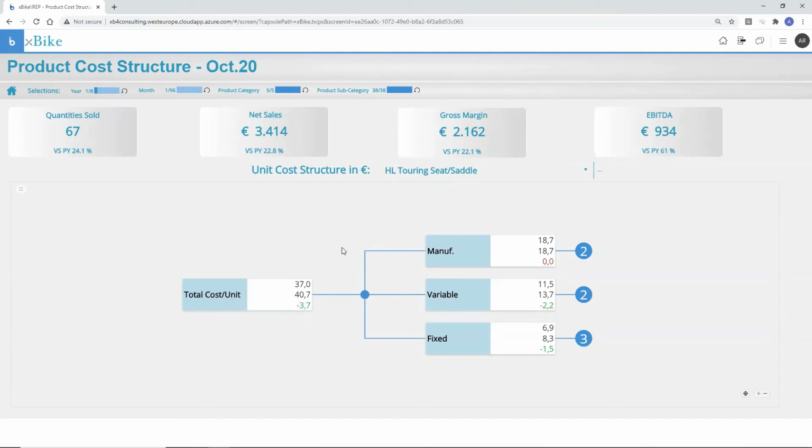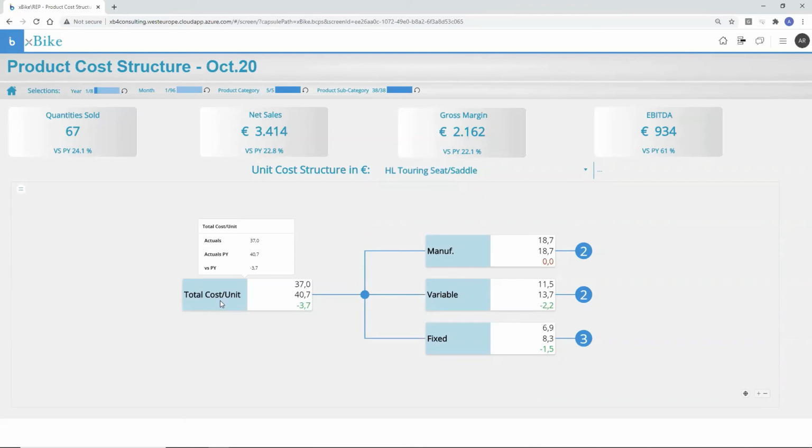What I find here in the middle is the total cost per unit. The total cost covers both the cost of goods sold and all the expenses of my P&L. I see that for this specific product in my actuals, it's costing me 37 euros. Last year it was costing 40.7 euros.